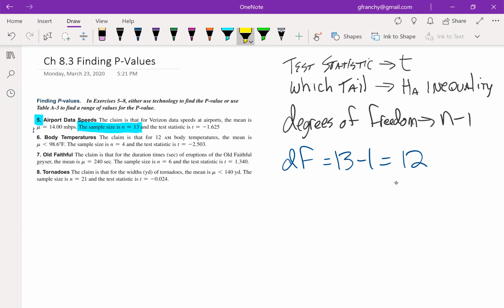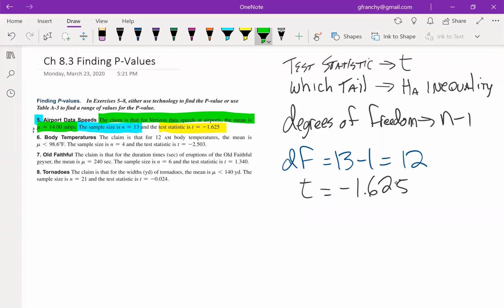Probably even easier than that is our test statistic, and that is t equals negative 1.625. The other thing that we need to know is what tail test this is. And that's going to come out of the hypothesis statement, which comes out of the claim.